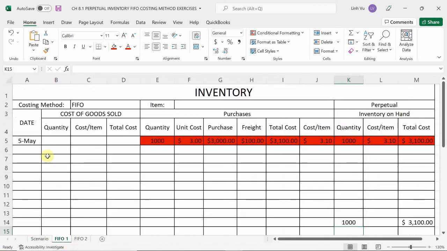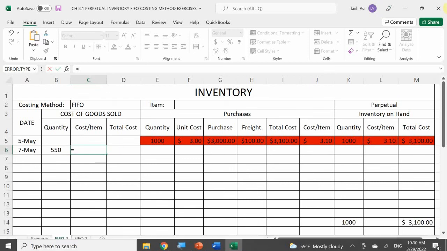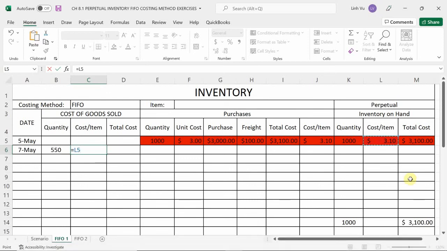So in this case, I end up selling on May 7th, 550 units. Now in this case, I only have one batch of inventory. I only have my red batch right here, and its cost per item is $3.10. So therefore, I need to calculate here how much this is going to cost.